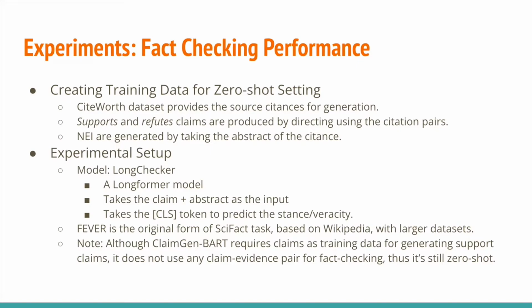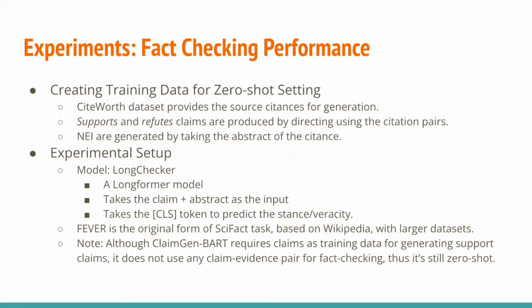And NEI, those neutral examples, are generated by taking the abstract of the citing papers. So remember, we have the claim derived from the citation sentence and the cited paper's abstract as the support document. And the NEI, the neutral examples, are taken from the citing paper's abstract. So they are kind of closely related, but not a valid abstract to support or refute.